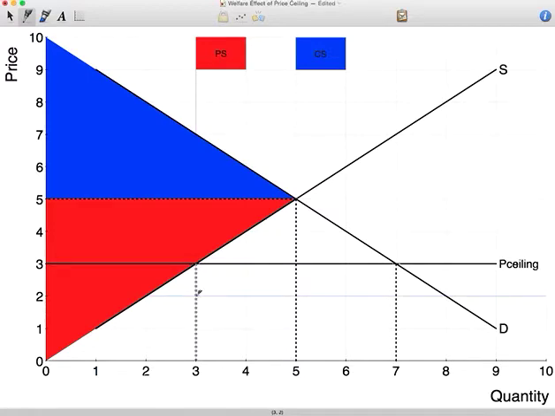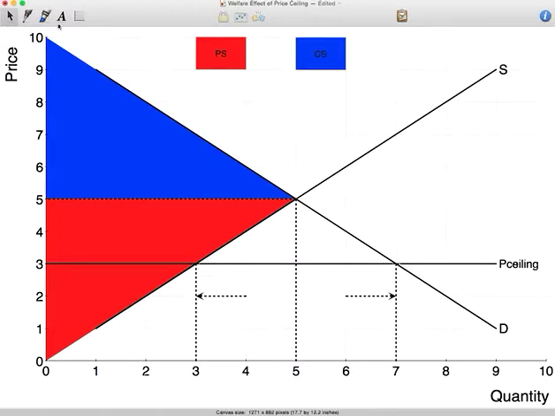Let me do it here, make it easier. And do it here also. Oh, wrong one. Let me put a little arrow to make it easier for everybody to see. I'll do the same thing here. There we go.